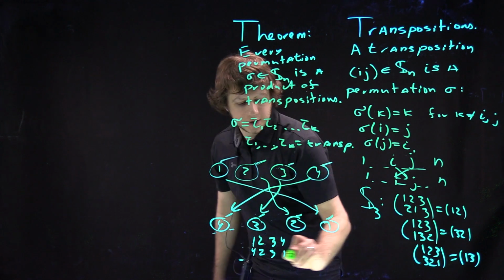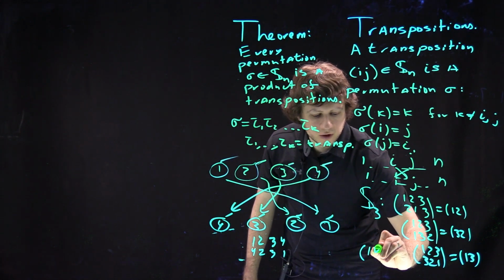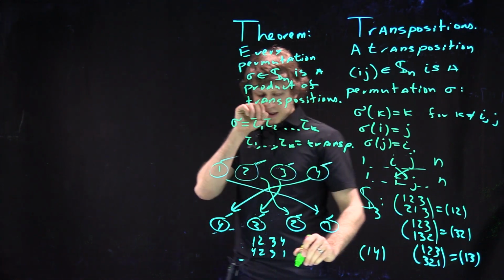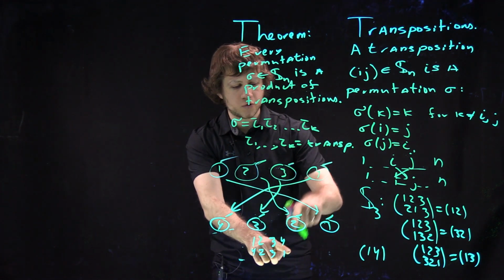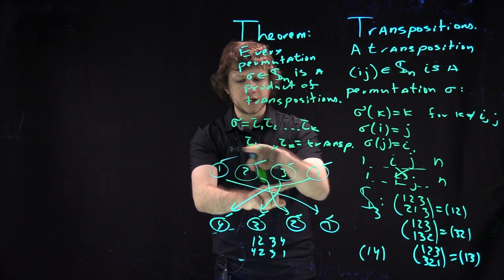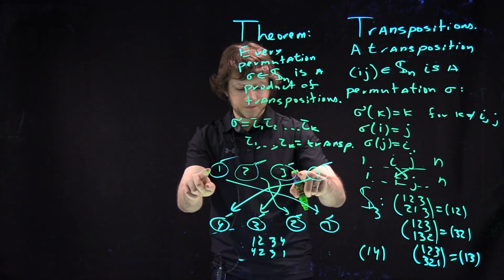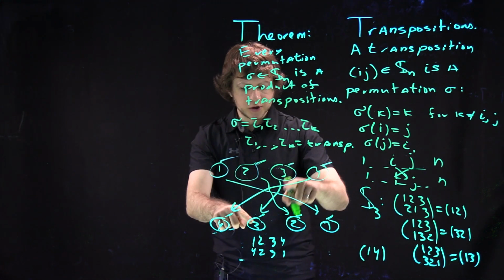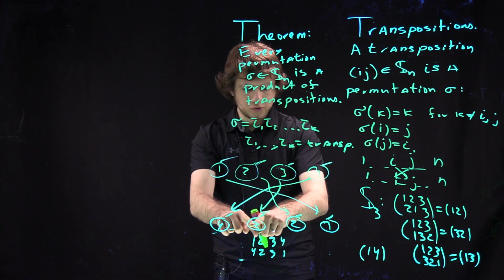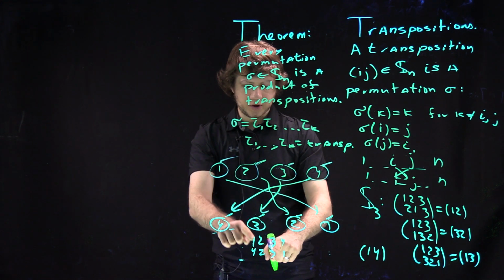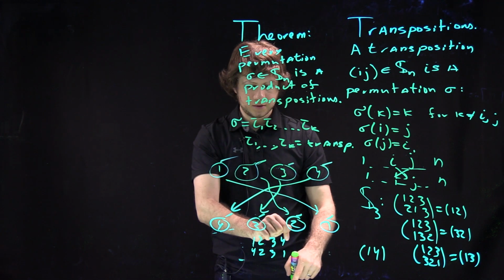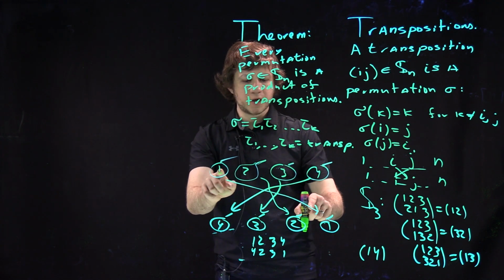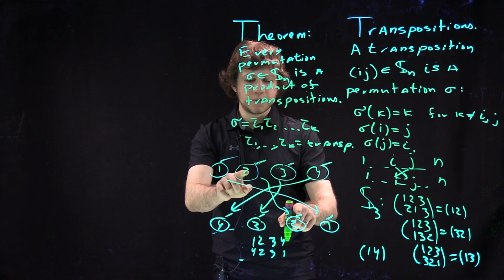So we applied the transposition (1 4) first. Why is this good? Because we want 4 to eventually go to 1, and now 4 already goes to 1. So we just need to check what happens with 1, 2, and 3. Yeah, 1 goes to 4, this is what I mean. So then we want to see what happens to 2.